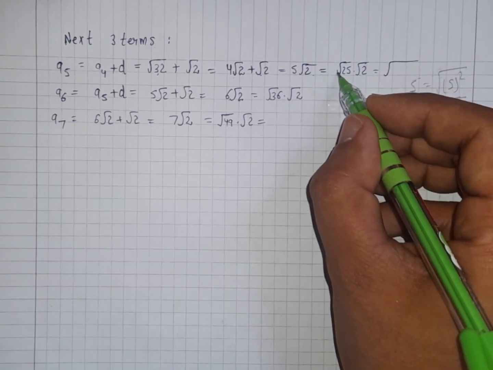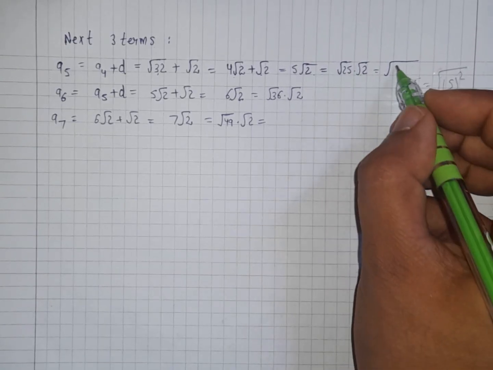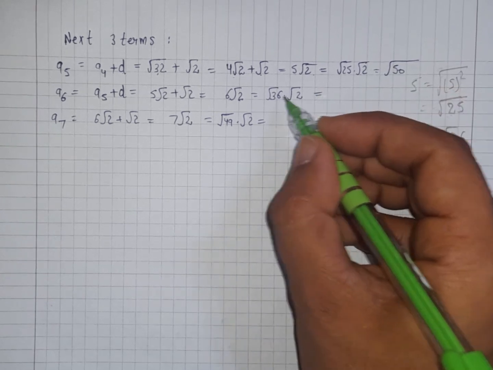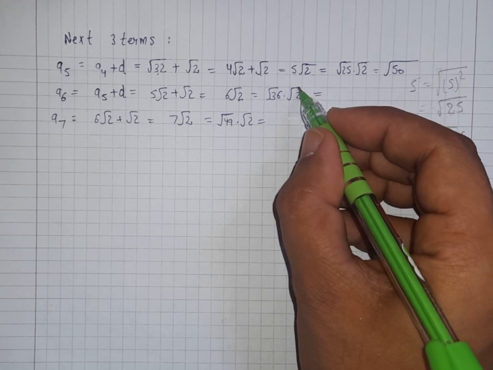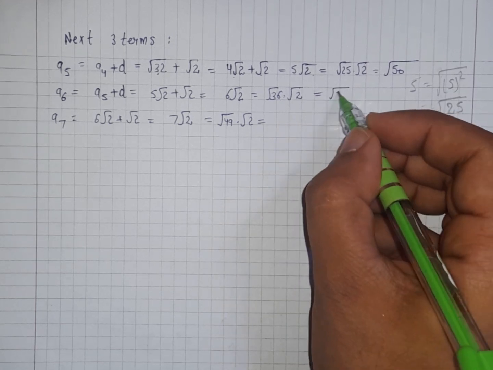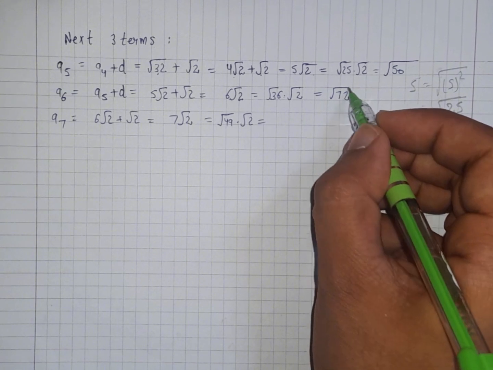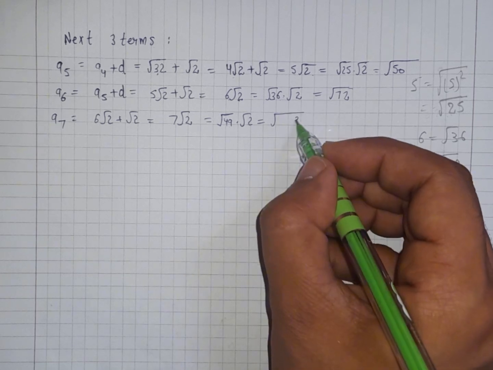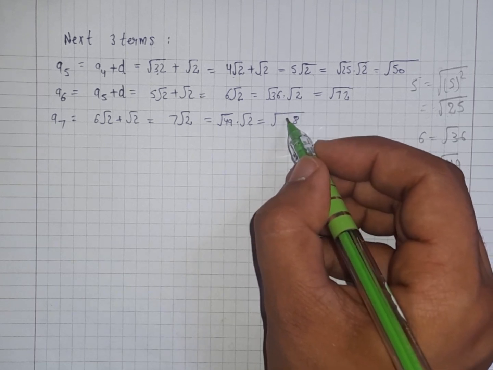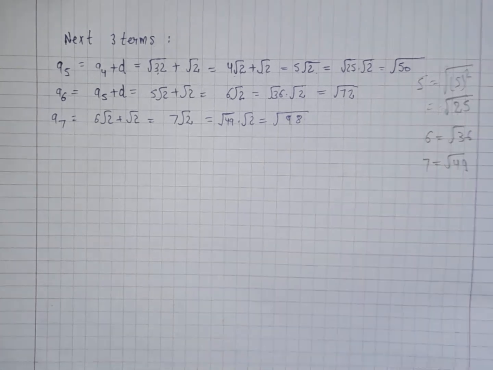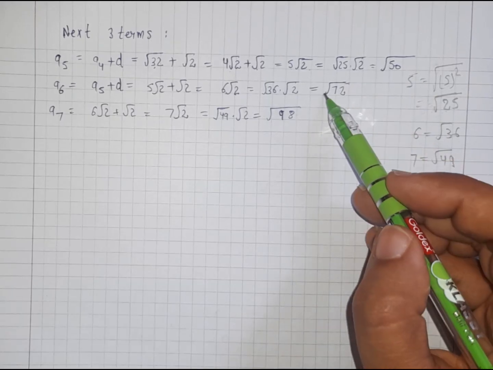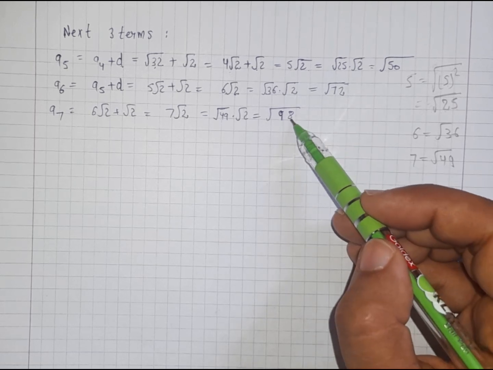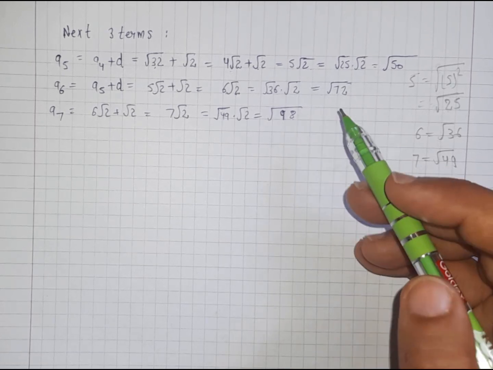Now multiplying root 25 by root 2, we have root 50. Root 36 multiplied by root 2 gives root 72. And root 49 multiplied by root 2 gives root 98. So root 50, root 72 and root 98 are our next three terms.